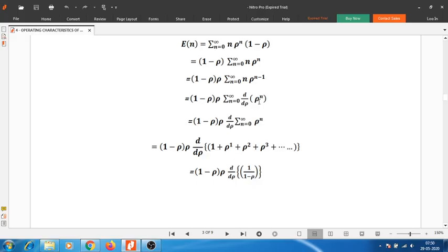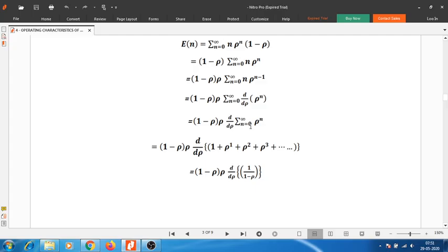Instead of x there is rho. So this term is the differentiation of the function rho power n with respect to rho. These two terms are the crucial point here, right? Now the differentiation and summation are interchanged.